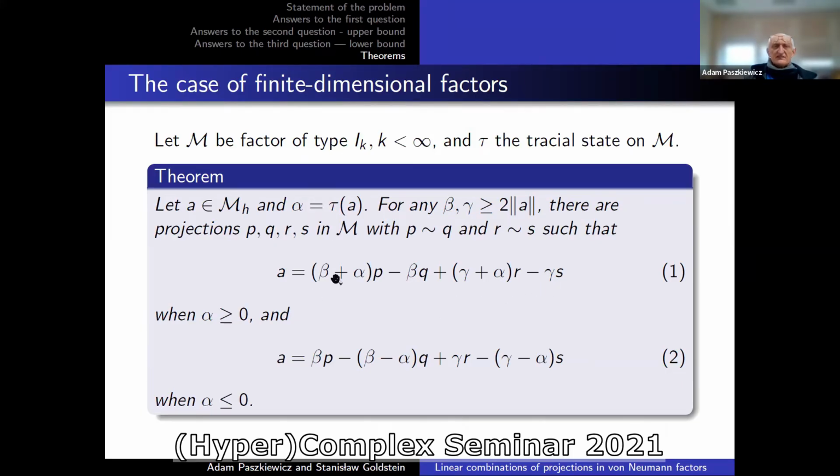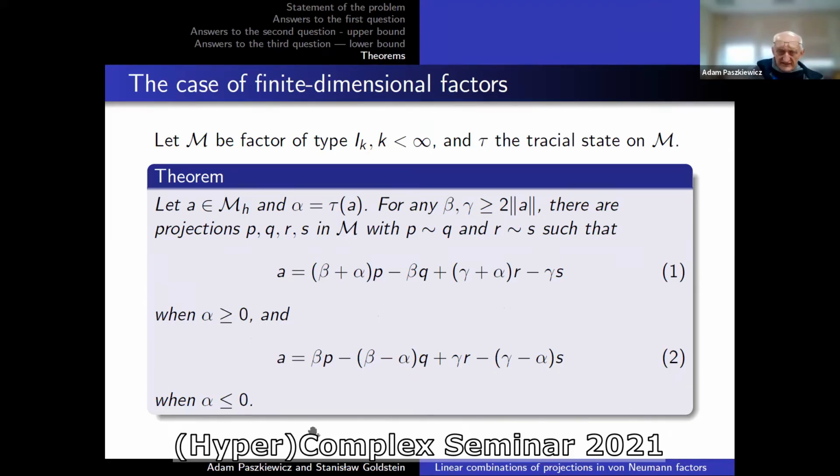These coefficients are quite canonical, but they depend on the trace of the operator. So it's impossible to obtain arbitrary coefficients, any arbitrary in some interval.